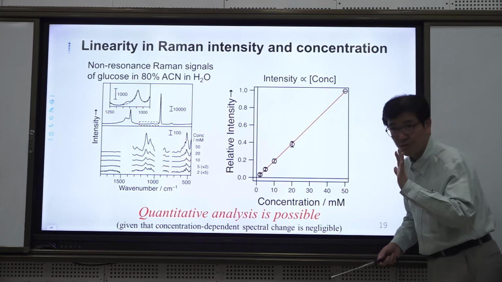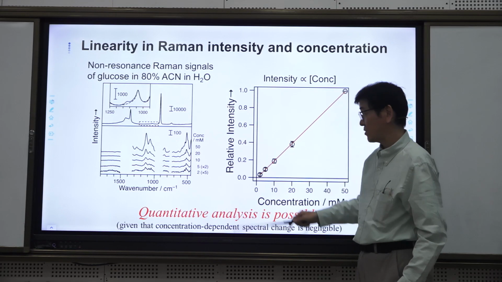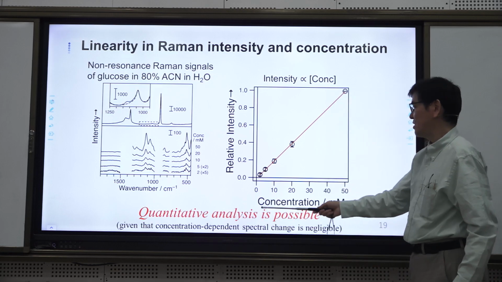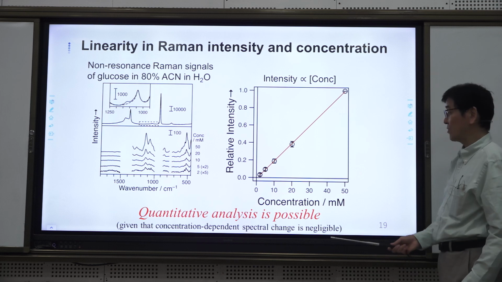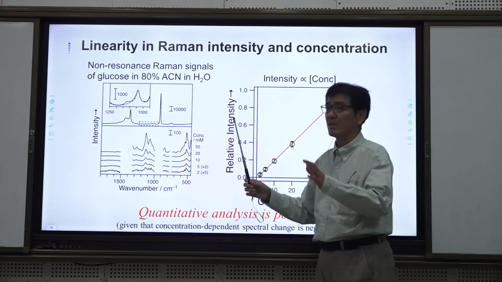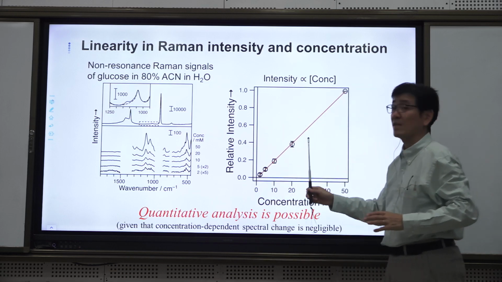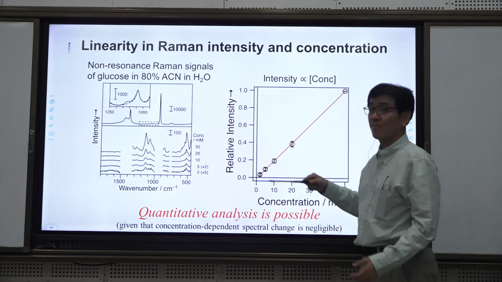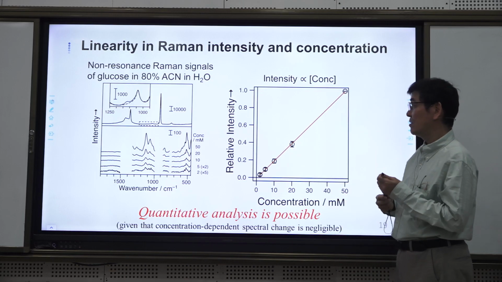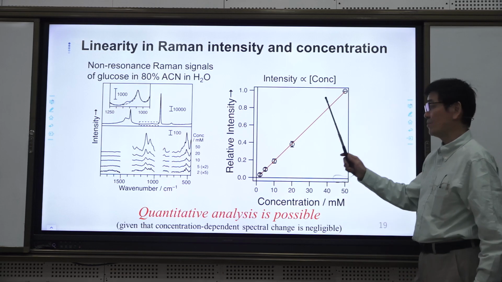In this case, we need to be careful that peak shift does not occur when we change the concentration. So quantitative analysis is possible given that the concentration-dependent spectral change is negligible. Okay, if the peak intensity pattern changes largely upon dilution, it becomes difficult. So every time we need to make sure of the concentration dependence. And if you find some linear relationship, then you can do the quantitative analysis.